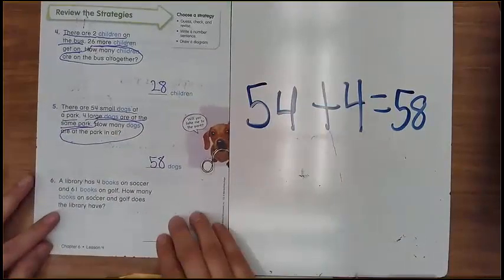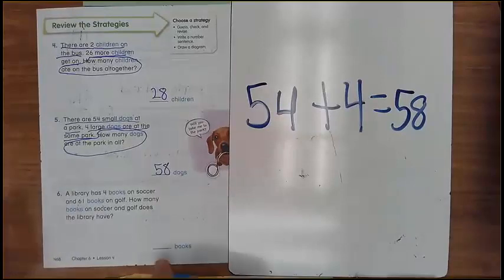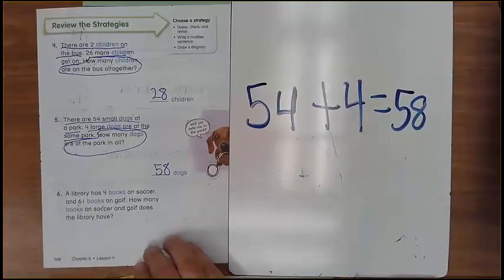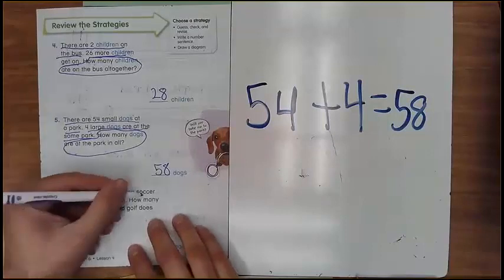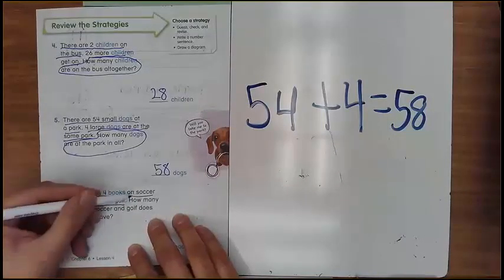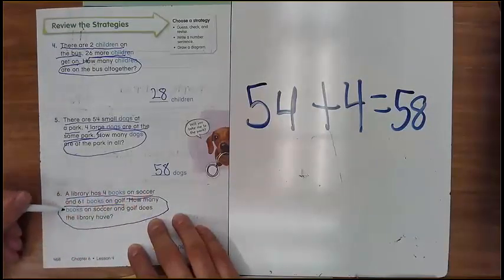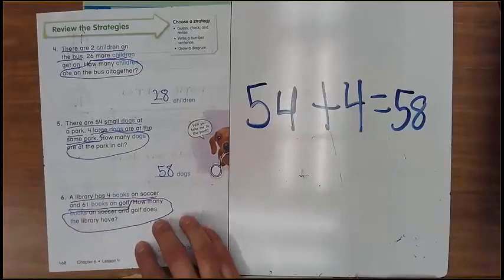Okay, last one. And it says, a library has 4 books on soccer and 61 books on golf. How many books on soccer and golf does the library have?